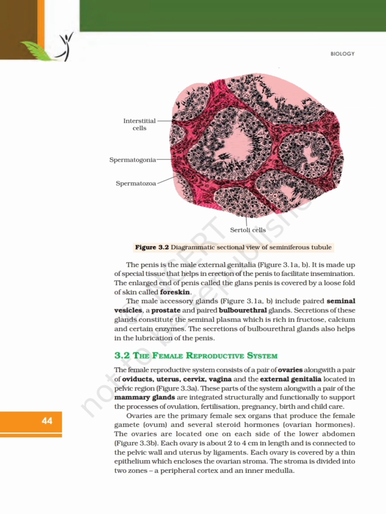Then these all parts along with the mammary glands make a fully functional female reproductive system, and this helps females during pregnancy, childbirth, development of the child. Okay, and also after the childbirth it also helps in child care.